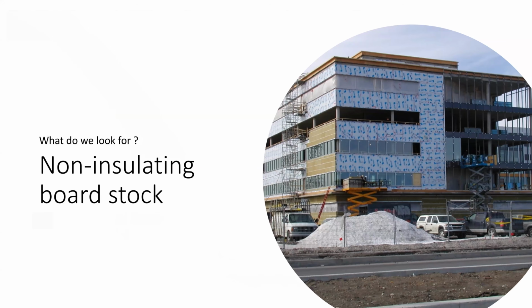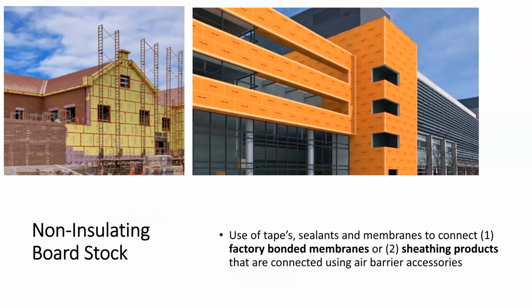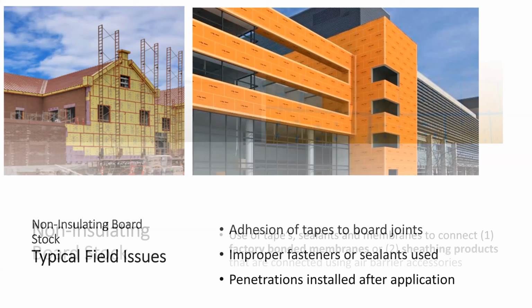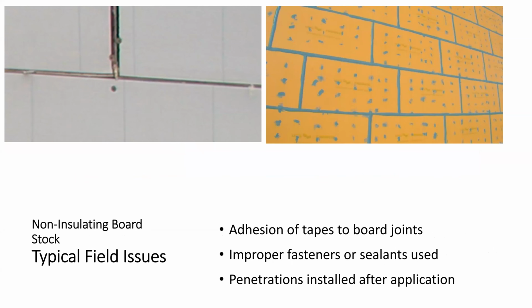Now, non-insulating board stock is where you're just using exterior gypsum, and it's the same process as insulating board stock, where we're really just taping the joints. Some of them will just use a board and sealant. Some new systems actually have the air barrier applied at a factory, and it comes out, we put it on the wall, and we're simply screwing it in and detailing the tapes and seams. Here's a couple of pictures.